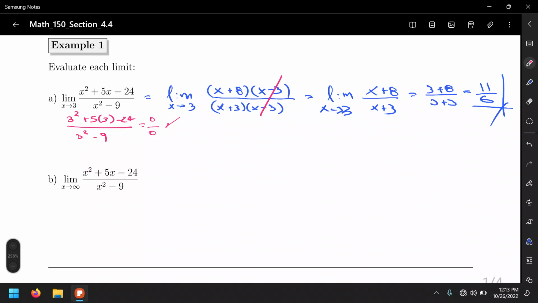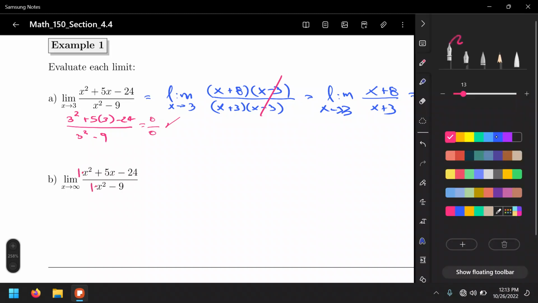But what are really the leading coefficients? There's an invisible 1, there is an invisible 1. So the limit in this case is 1 over 1, which is 1. All right? So that's roughly what we already have from the beginning of the semester.